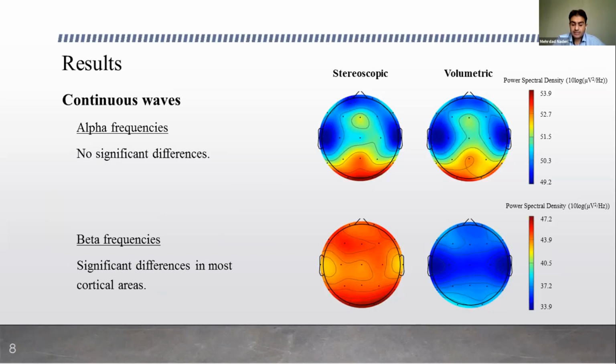The beta band activity is commonly associated with higher level processing such as deep thinking and problem solving. So higher beta activity indicates the difficulty in task performance regarding depth judgment in stereoscopic compared to the volumetric 3D visualization.